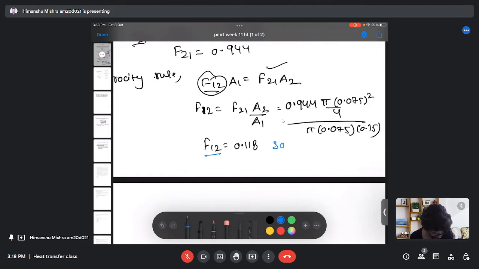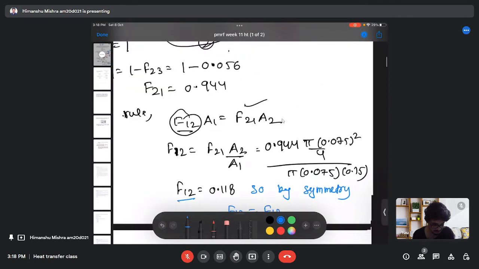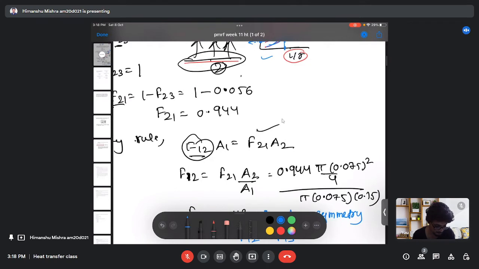By symmetry, F12 equals F13. This is actually true for many examples. Another example where this might be true is, let's say, this triangle, where each side of the triangle is equal, and let's say these are my surfaces.